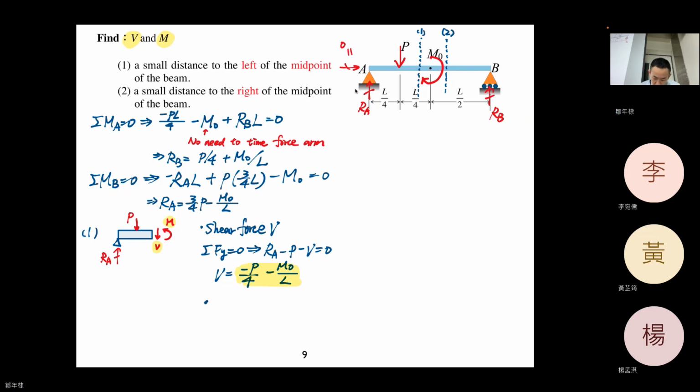So moment M. Sigma M about this point, I will give you a blue dot here. It must be equal to 0.